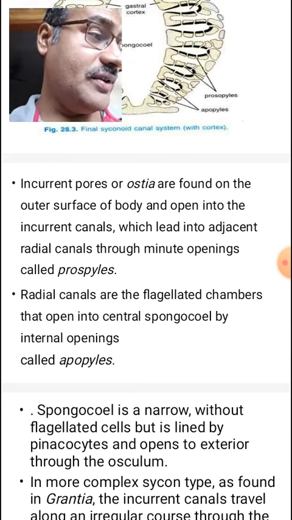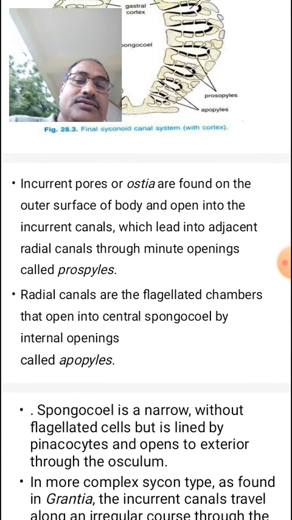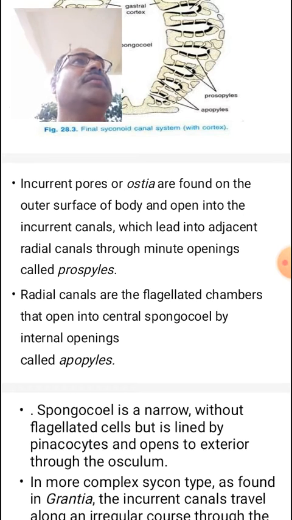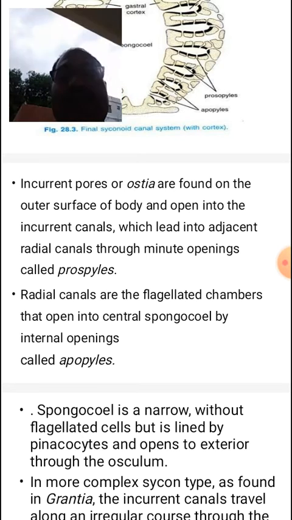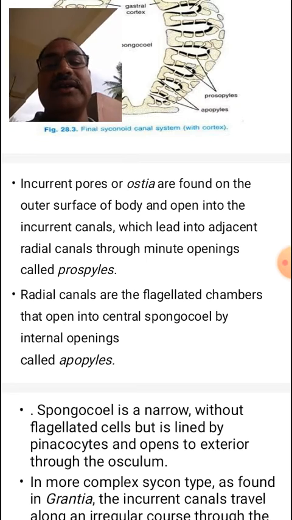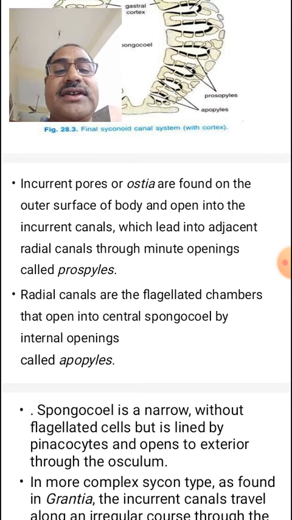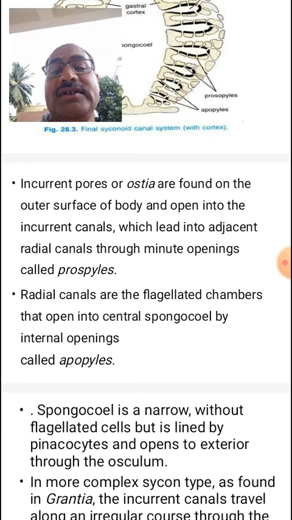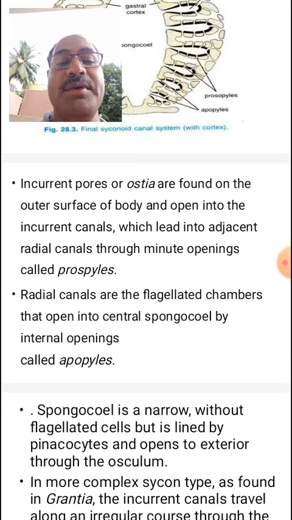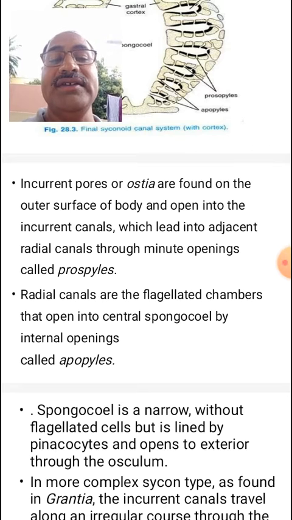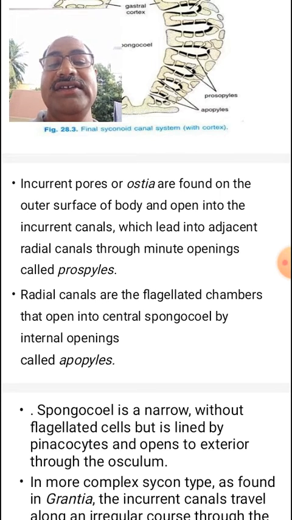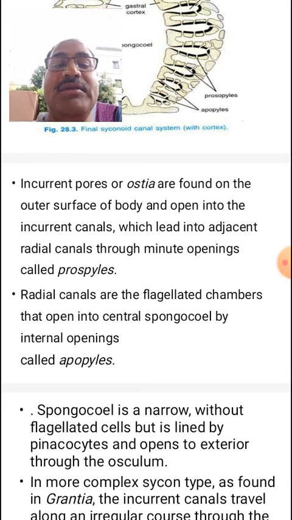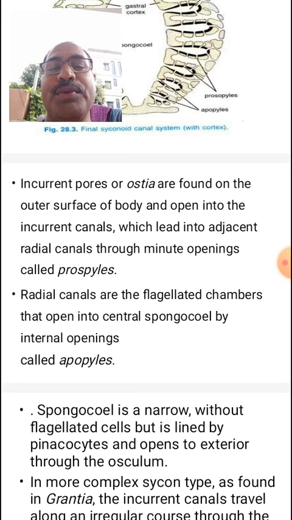So in this, the incurrent pores or ostia are found on the outside of the body surface and open into the incurrent canals, which lead into the adjacent radial canals through minute pores called prosopyles.